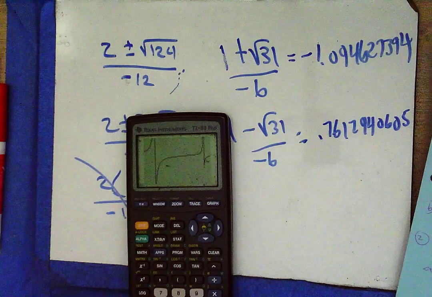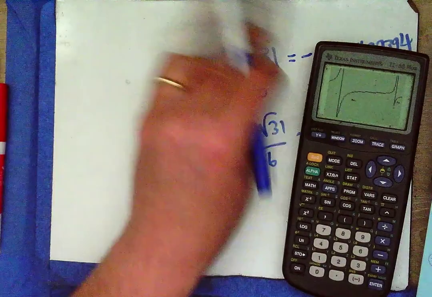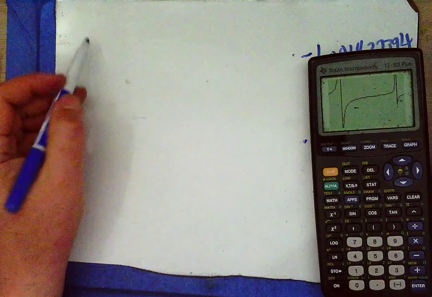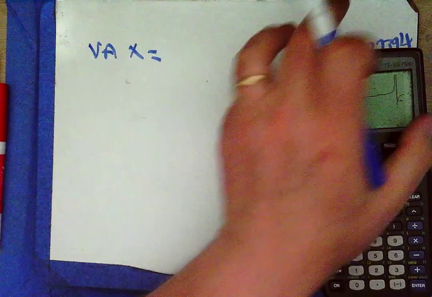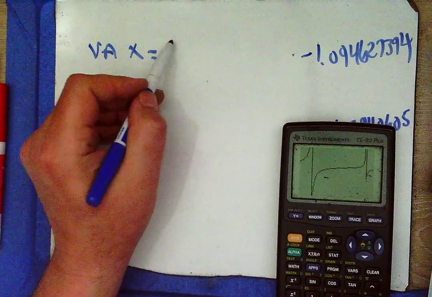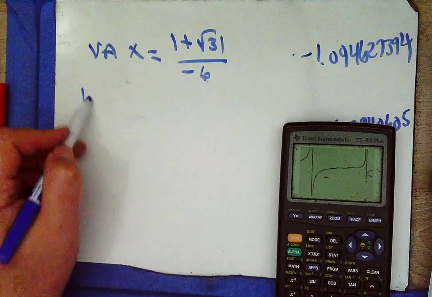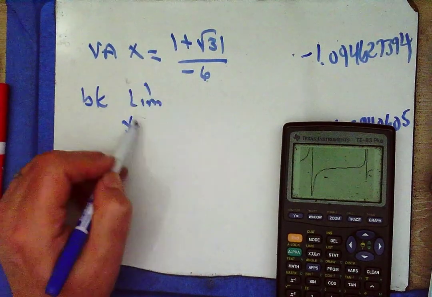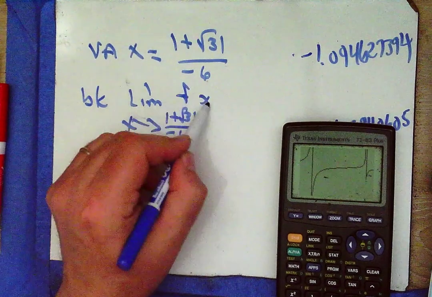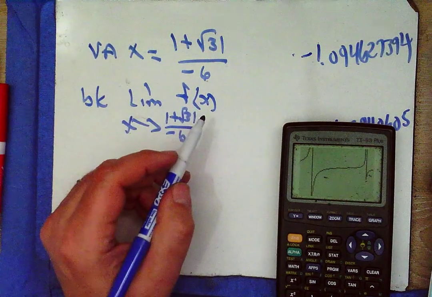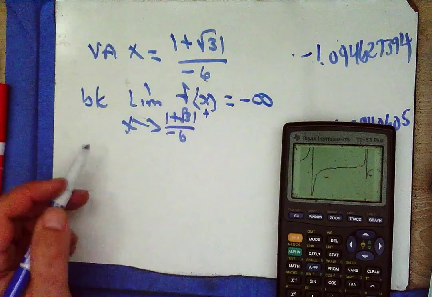All right, so that's a good enough viewing window for me to say, hey, I've got vertical asymptotes. I have a vertical asymptote at x equals 1 plus root 31 over negative 6, because the limit as x heads to 1 plus root 31 over negative 6 of f of x from the positive side equals negative infinity.